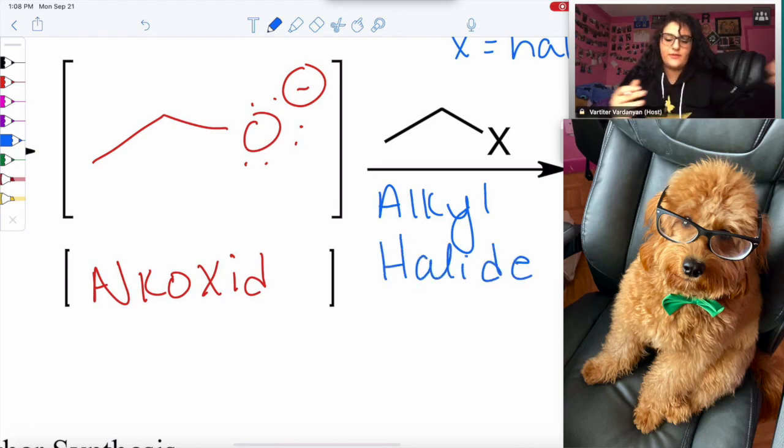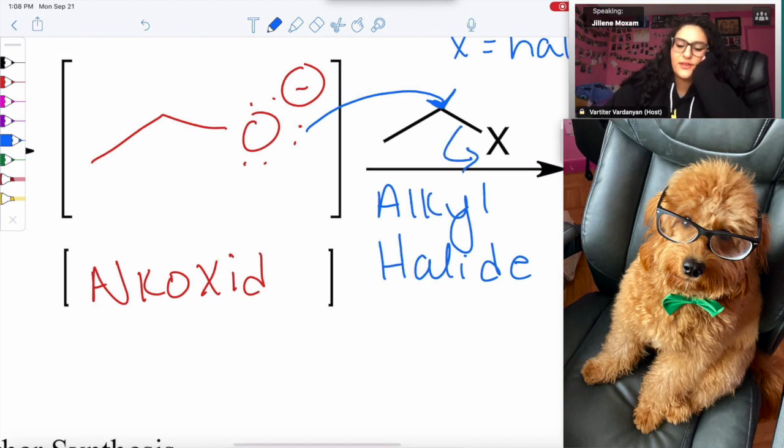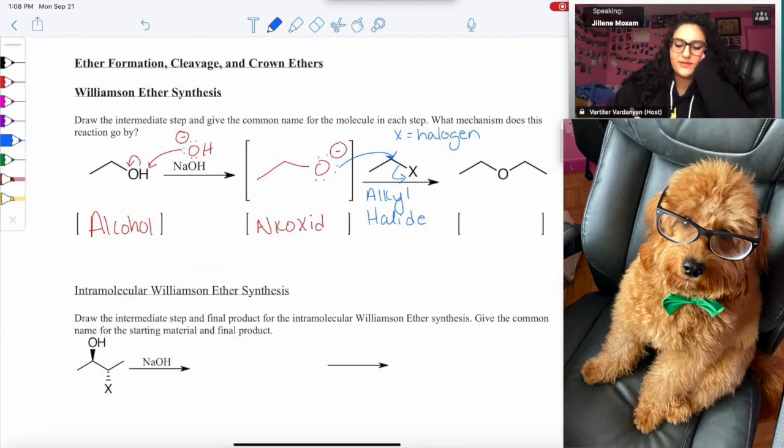So when we react an alkoxide with the alkyl halide, the negative charge will attack this carbon and kick off the leaving group. So this acted as a what? Nucleophile or a base? Yes, nucleophile.